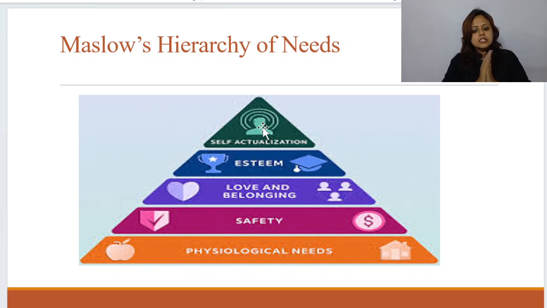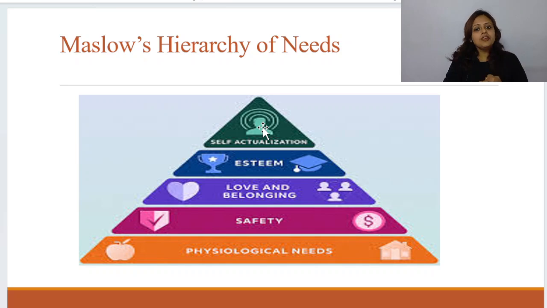So the first need that I will say is physiological need. Now what is physiological need? This is a basic need which an individual needs to sustain himself or herself in this world. So what is that basic need?